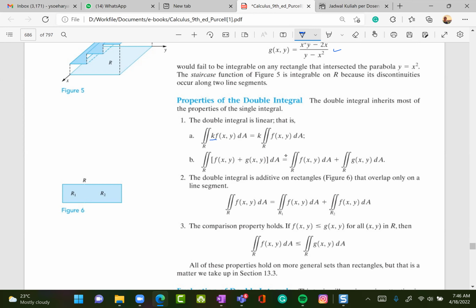You can add first and then integrate, or integrate each one first and then sum. You can switch the order. Same thing if you have a negative, then you can subtract also.